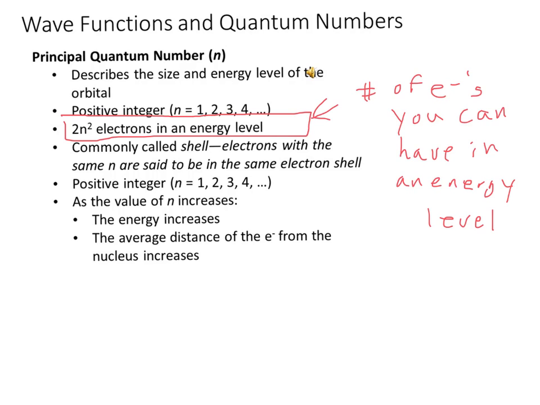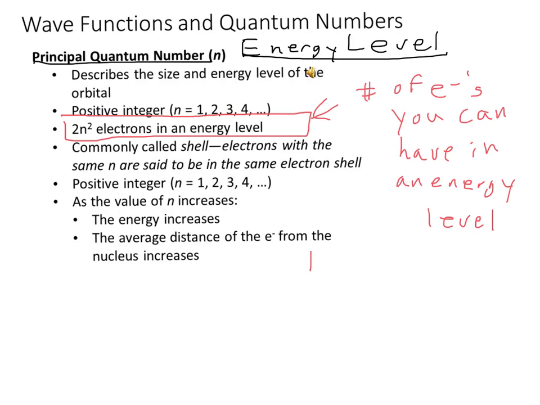When we talk about principal quantum numbers, let me say it emphatically, we're talking about the energy level in which an electron resides. Consider principal quantum number to be a synonym for energy level. The number of electrons you can have in an energy level is equal to 2n squared.